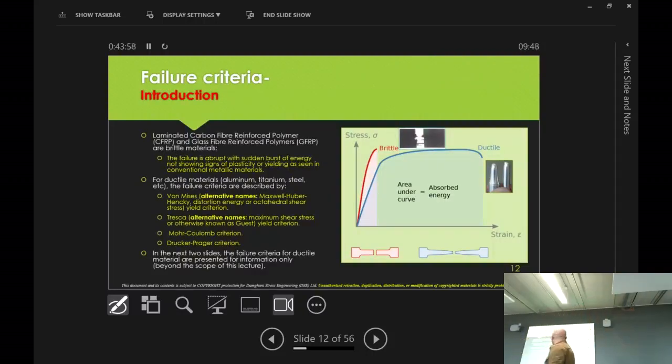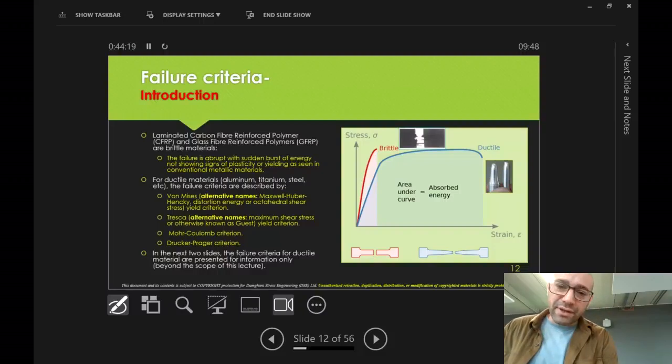I put this slide because I thought it's quite crucial to have a comparison, because I need to go into the failure criteria, so you need to know exactly what's happening. So far, level 1, level 2, level 3, we've been dealing with aluminium all the time. And all you know is how aluminium breaks, how steel breaks, what the stress strain curve is, and all of that.